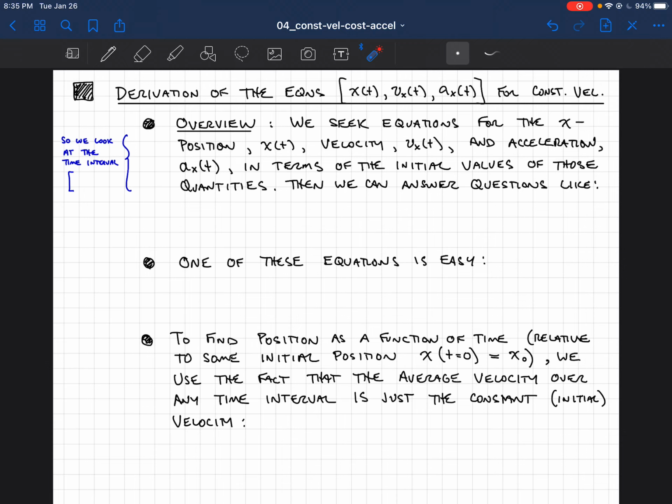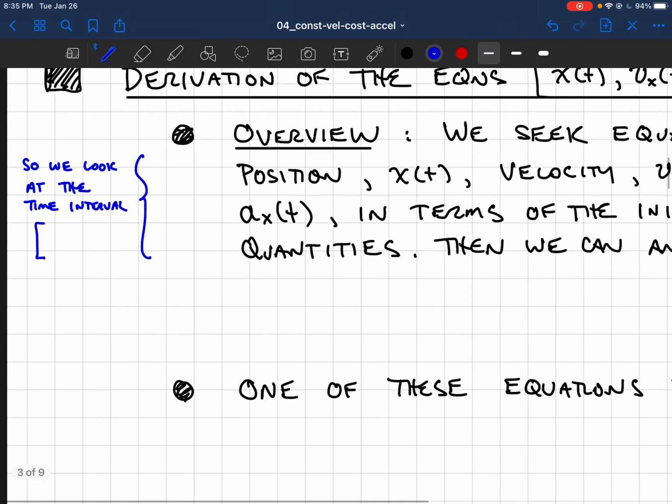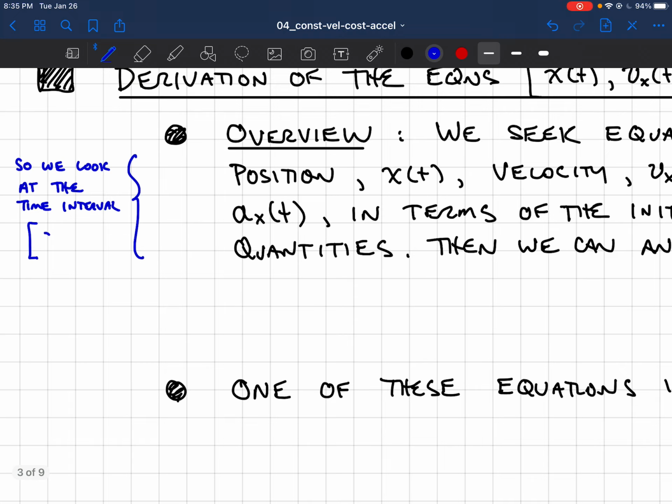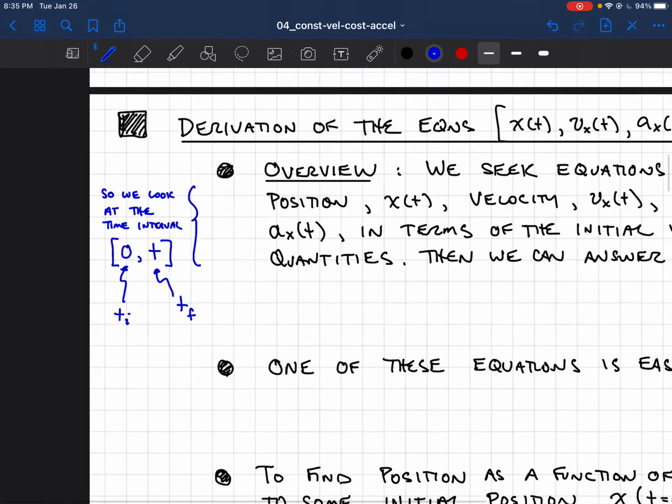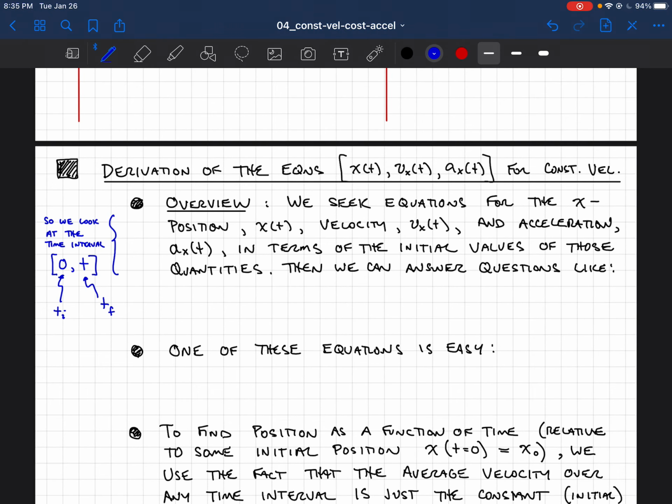And in fact, we'll call that time t0. So our time interval that we're going to look at is going to be from time equal to 0 to time equal to t. So this is like our initial time, and this is our final time there. And we'll see how that comes about in just a minute.